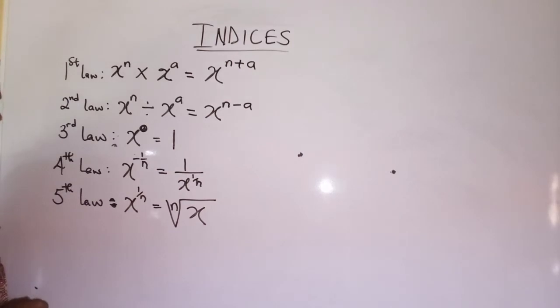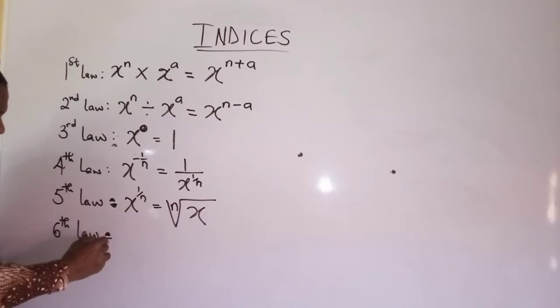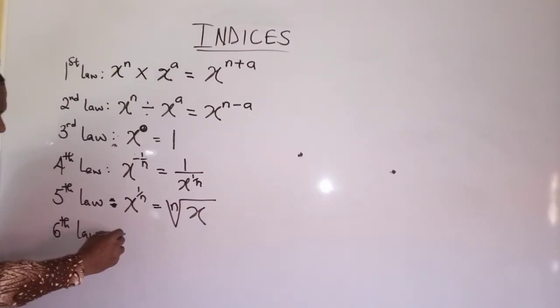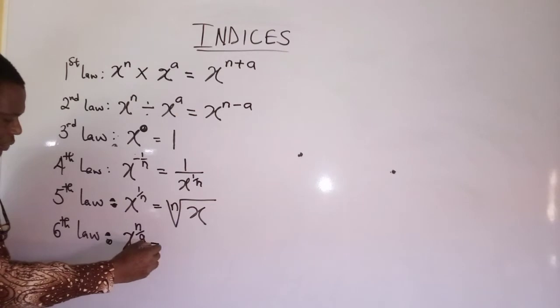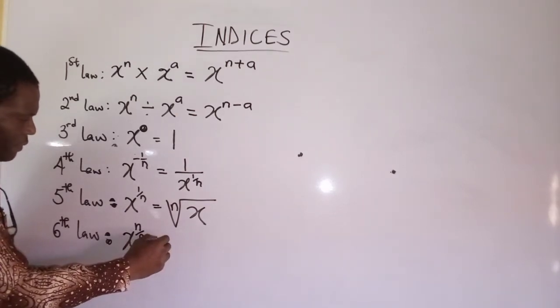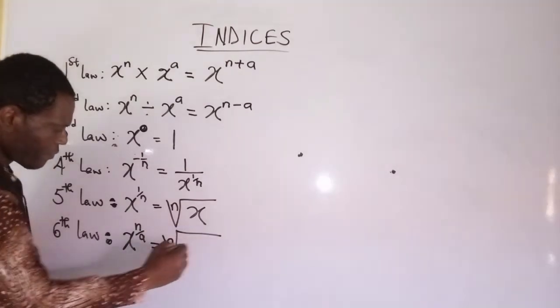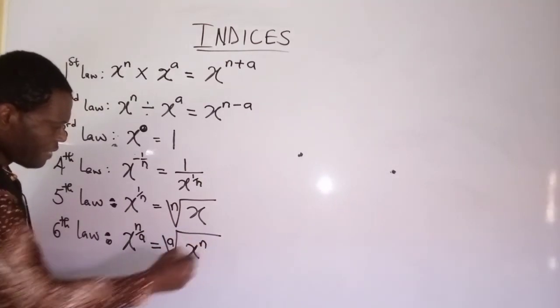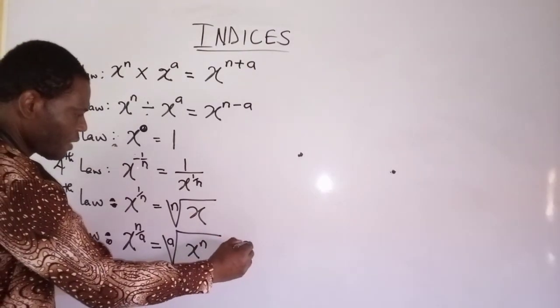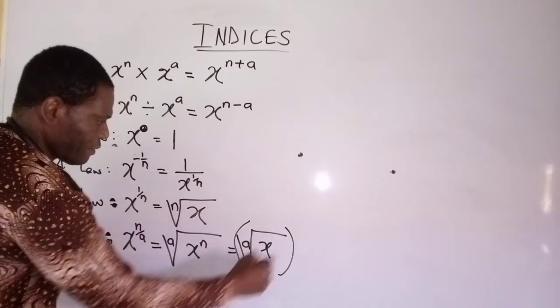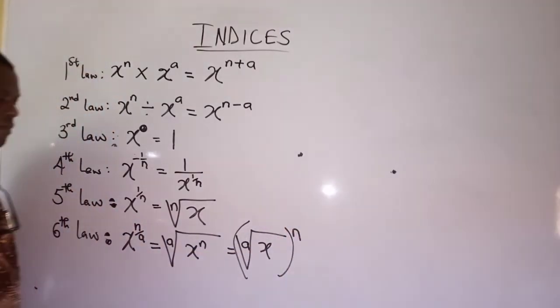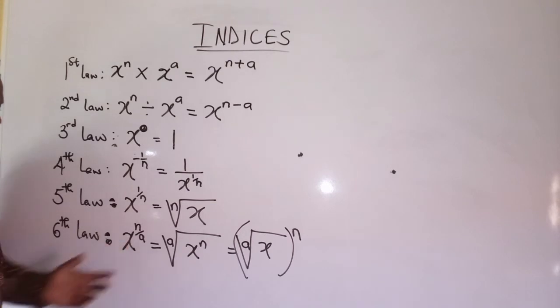I can also have the sixth law to be x raised to power n over a, which equals the a-th root of x raised to power n, or I can have it as the a-th root of x, raised to power n.